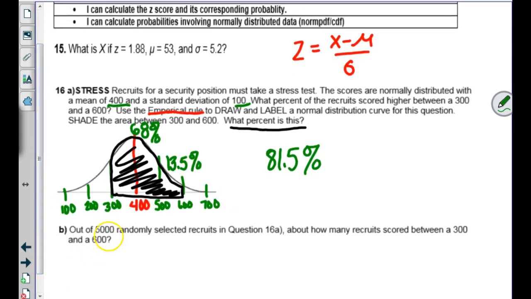Part B says out of 5,000 randomly selected recruits, how many would we expect to get a score between 300 and 600? So we want the actual number of recruits instead of the percent. We would just multiply, and I don't know what that is.